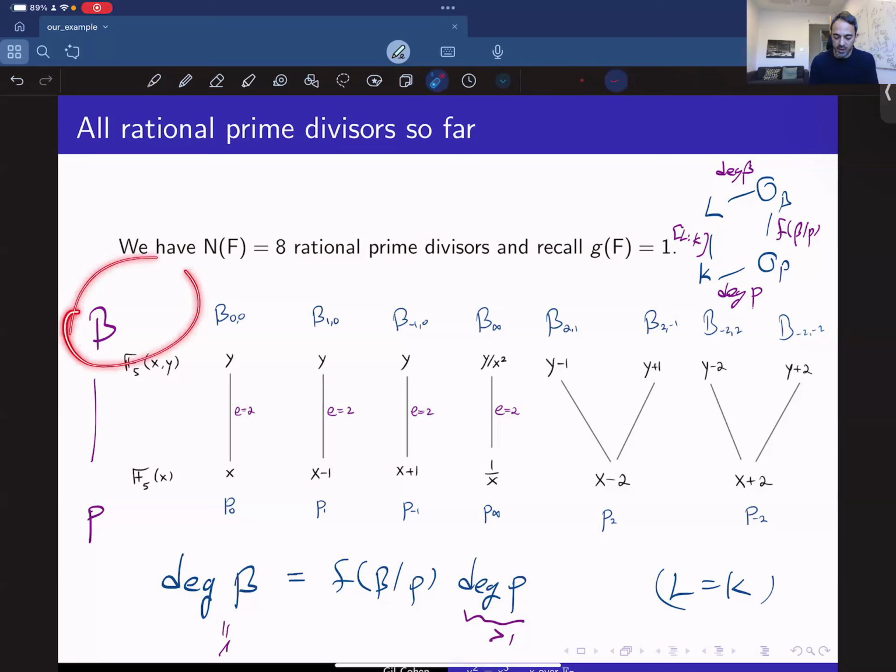Right, a rational place of capital F is a degree 1 divisor, but if it lies over a non-rational place, then already that degree contributes more than 1, and this could be 1 or more, but anyhow, it doesn't matter because that cannot hold. Okay, so we found all rational places.